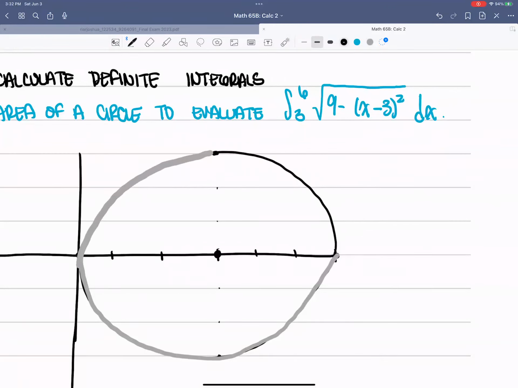So let's look at exactly what we're looking at. Right here, we're looking from 3 to 6, at only the top half and the right part of the graph. Let me highlight it.